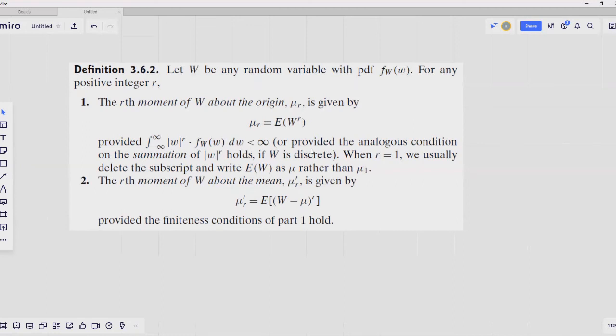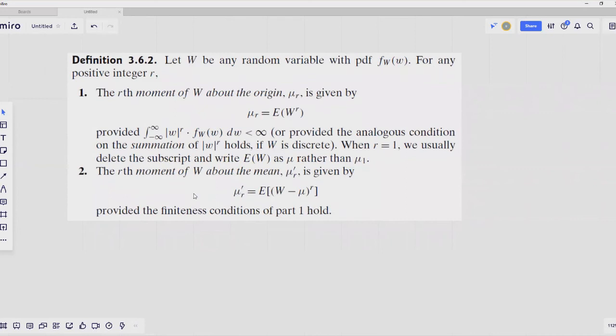And in the case when we are working with a discrete random variable, the similar sum should also exist, should be convergent. Now, the R-th moment of random variable omega about its mean is given by the expected value of (omega minus mu) to the power of R. So if you recall the case when we were working with variance, variance is the second moment of random variable omega about its mean.